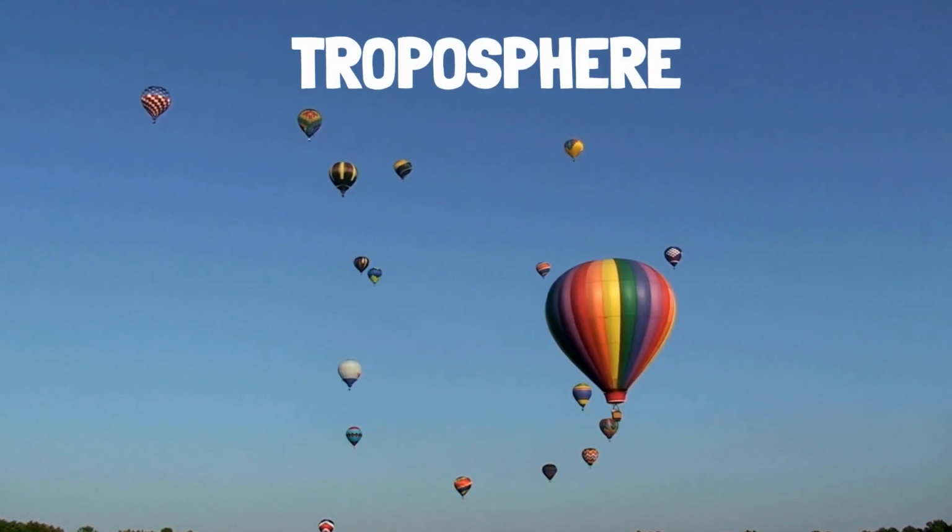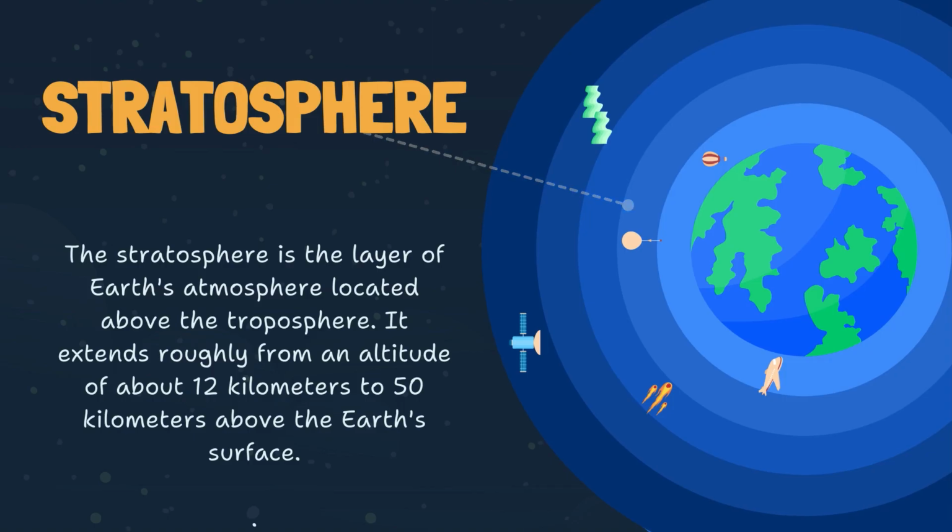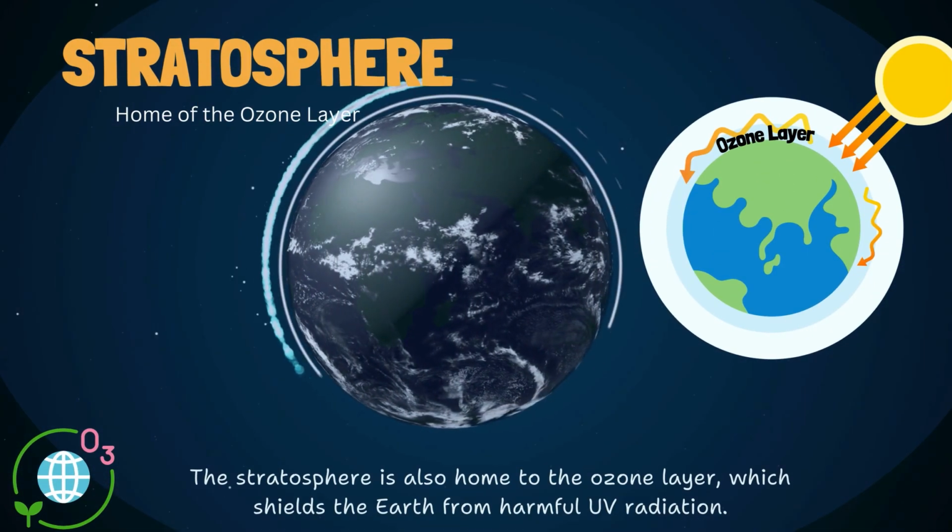Next, the second layer, stratosphere. The stratosphere is the layer of Earth's atmosphere located above the troposphere. It extends roughly from an altitude of about 12 kilometers to 50 kilometers above the Earth's surface.